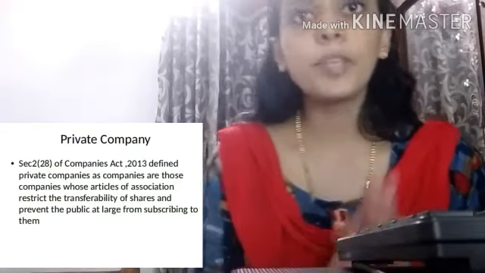As per Companies Act 2013, we have a definition for private company. Section 2, Subsection 28 of Companies Act defines a private company as a company which has some restrictions in its articles of association.